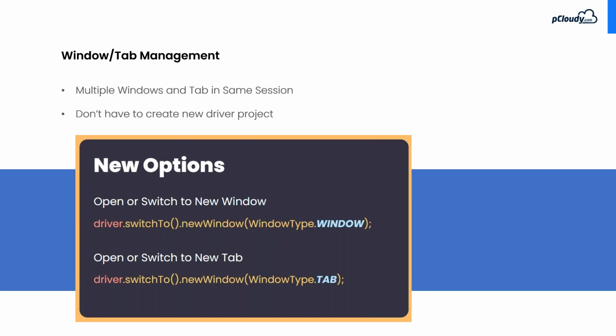So you can have all these windows and tab management options updated from Selenium 4 incorporated within your scripts, and thereby use them in a more effective way. So that's about Windows management. And moving on to our next slide.